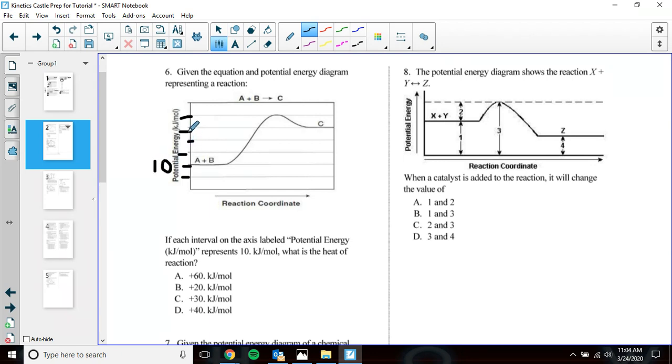And then 20, 30, 40 is this one. And I know that it is products minus reactants. So it's 40 minus 10. Whoops, that's a 10. 40 minus 10 is 30. Let's look. That answer choice is there.